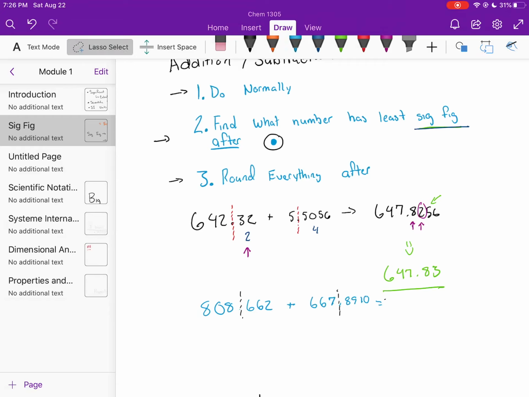Let me move this off to the side. Plug this into our calculators, and what do you get? You get 1476.553. I'll just do it twice for good measure.